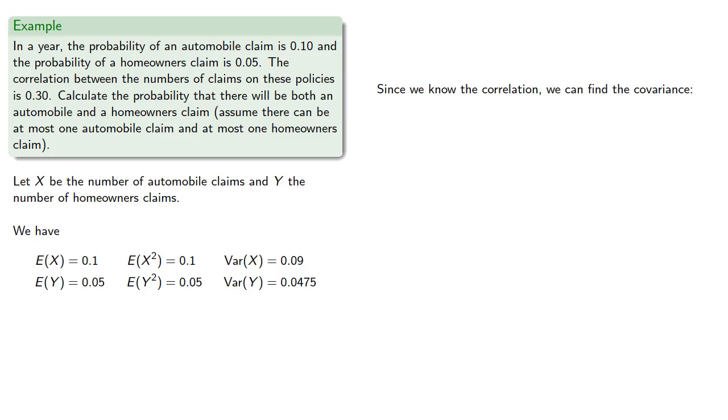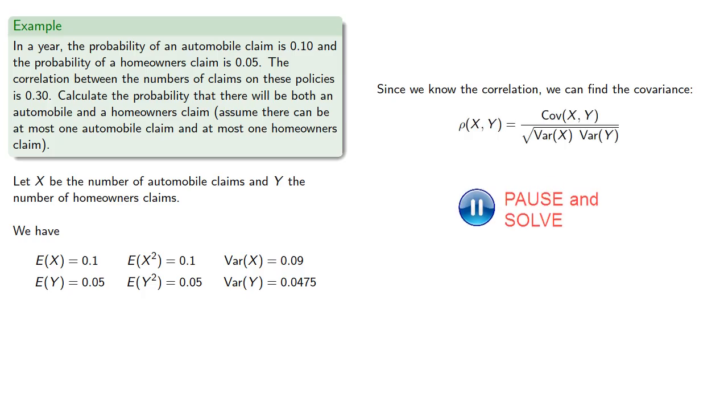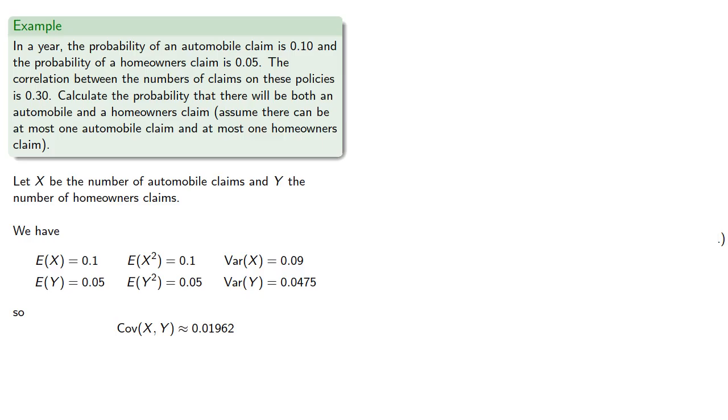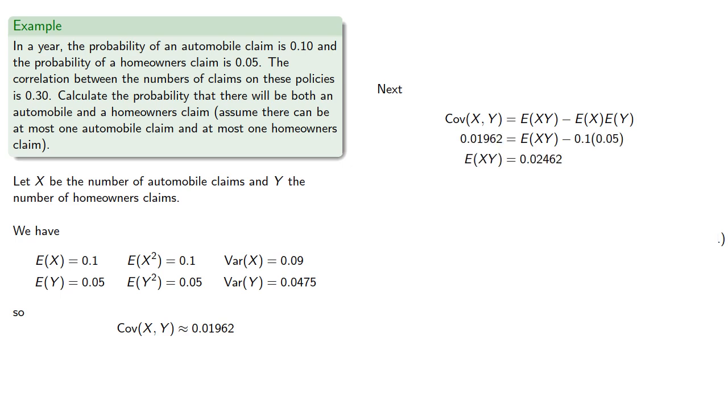Since we know the correlation and we have the two variances, we can find the covariance. Now, the covariance is a formula based on the expected value of the product and the product of the expected values. And we know 3 of the 4 terms, so we can find the expected value of the product.